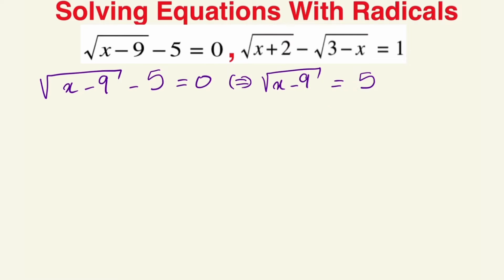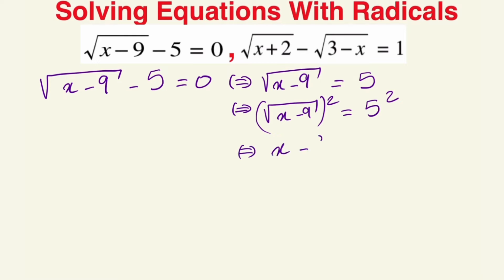So now let's square both sides. It's going to give us square root of x minus 9 squared equal to 5 squared. Therefore, x minus 9 equal to 25. What we did here, this 2 just cancels with the radical and we stay with x minus 9, and on the other side 25.